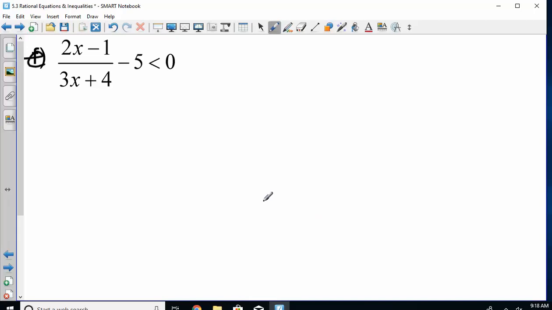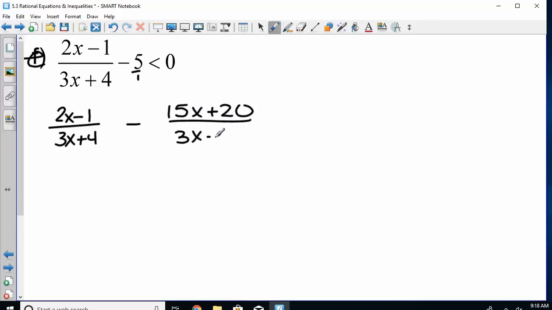Okay. I already have the 5 over, but what do we need to do? Common denominator. This is like a 5 over 1, so what are you going to multiply it by? If I multiply by 3x plus 4 on top and bottom, that would give me 15x plus 20 over 3x plus 4.